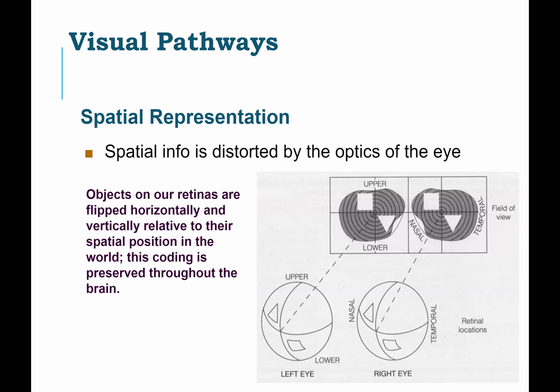When you close one eye and look at something in front of you, the input changes. That discrepancy from the two eyes can give you a lot of information about depth. If it's really close to you, it's a higher discrepancy. When it's really far from you, it's a lower discrepancy. So a lot of depth perception depends on the fact that we have two eyes and the input is a little different.